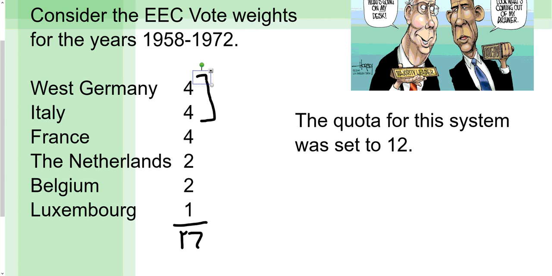Let's say West Germany and Italy agreed on something and France did not. Okay, would the motion necessarily pass or would it fail? Not yet. We have to wait for these 2 to happen. So look at Luxembourg and, so if we look at, say, Luxembourg and Belgium, right?